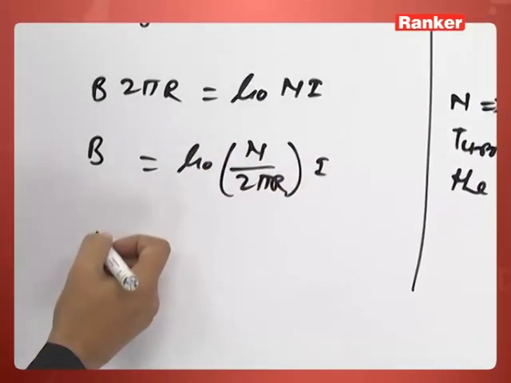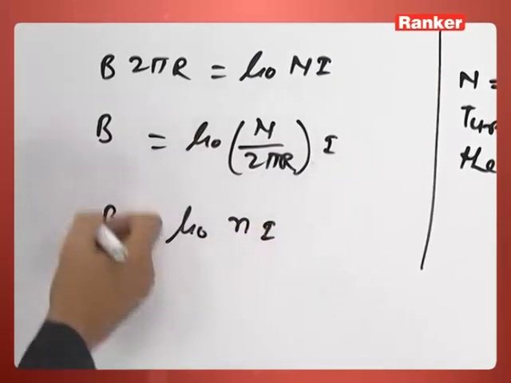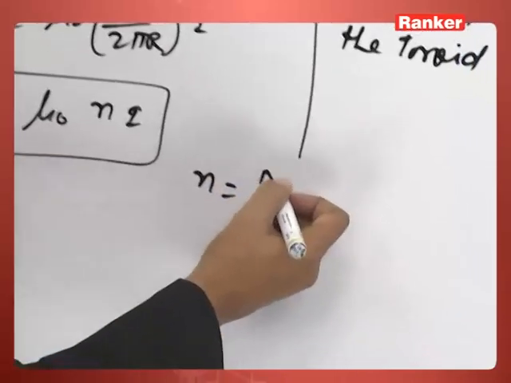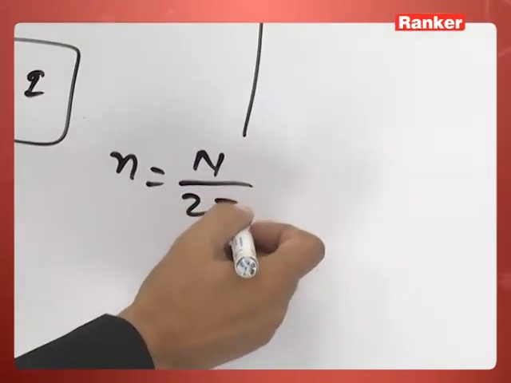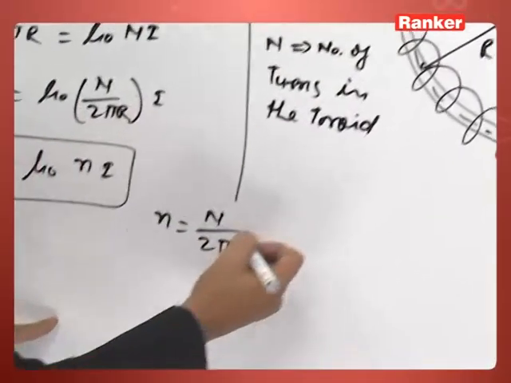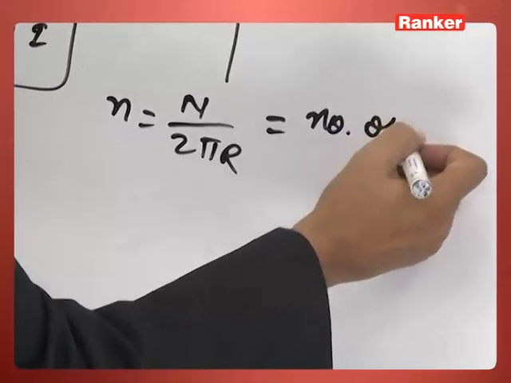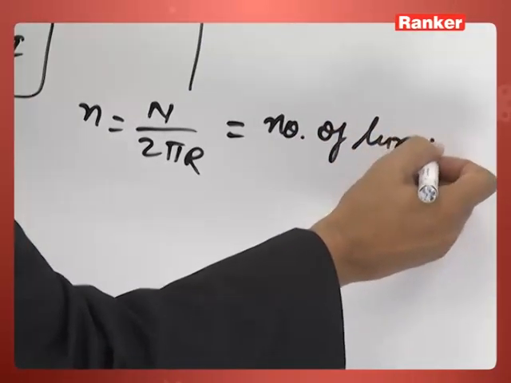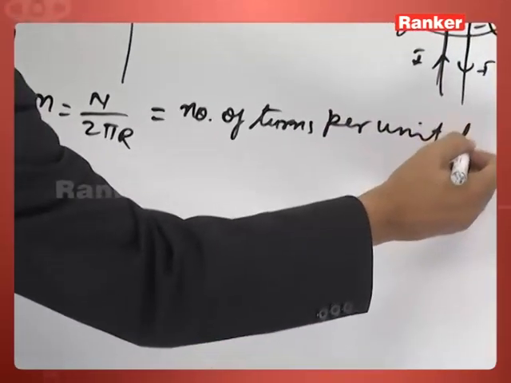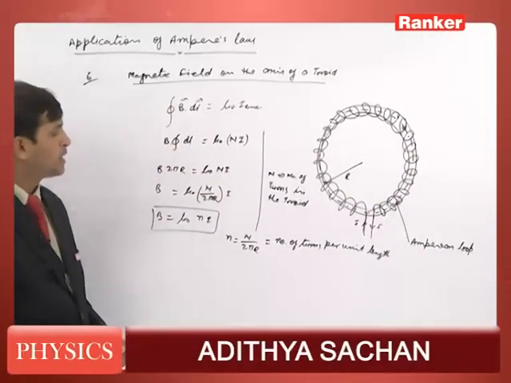This expression can be further written as mu naught n into I, where n can be said as the total number of turns divided by the circumference or length of the toroid. This is further written as the number of turns per unit length.